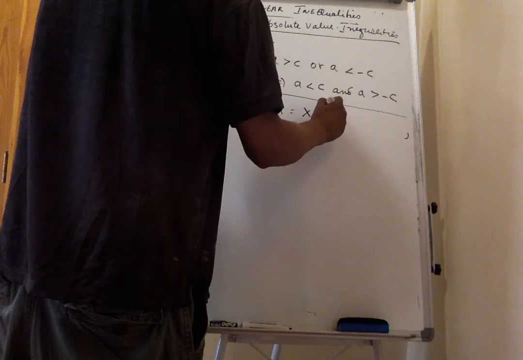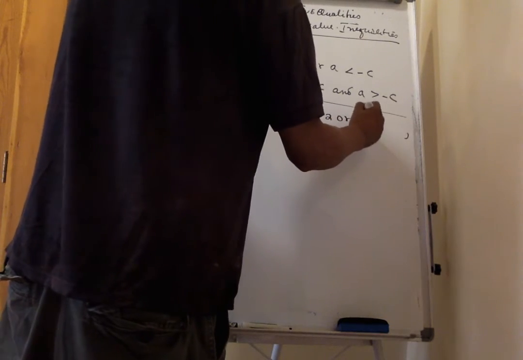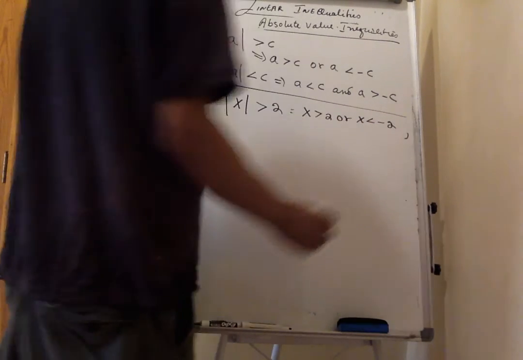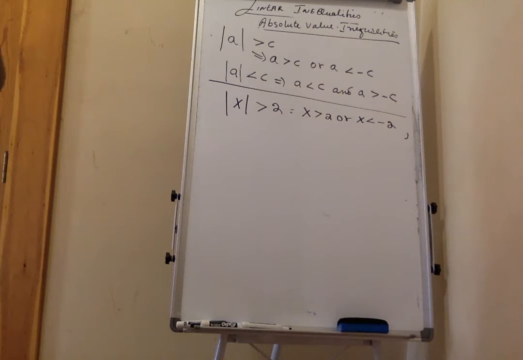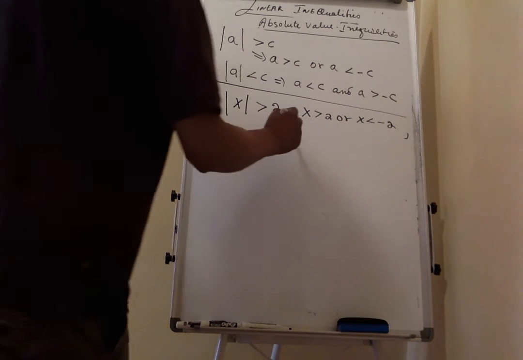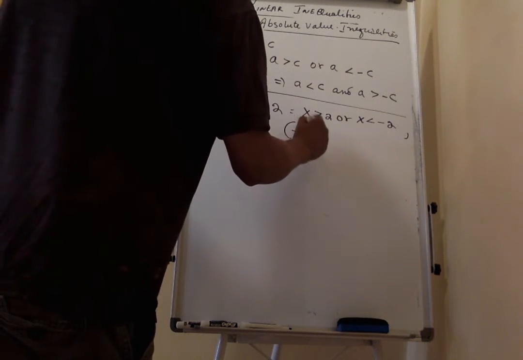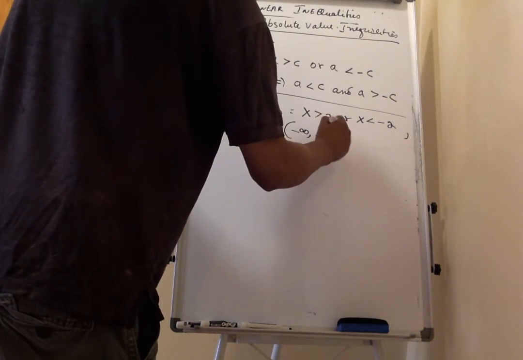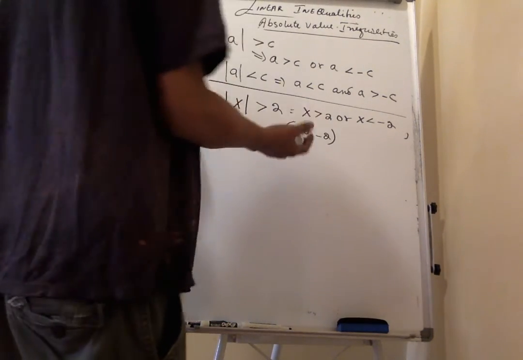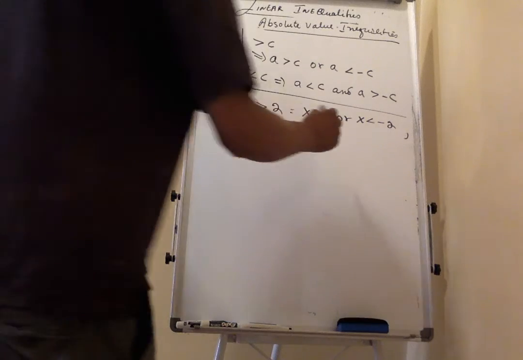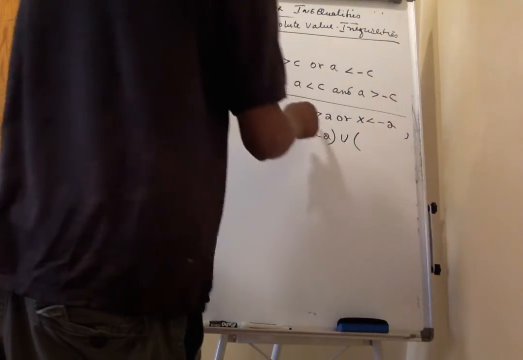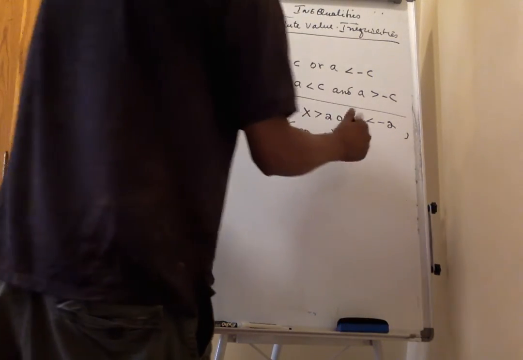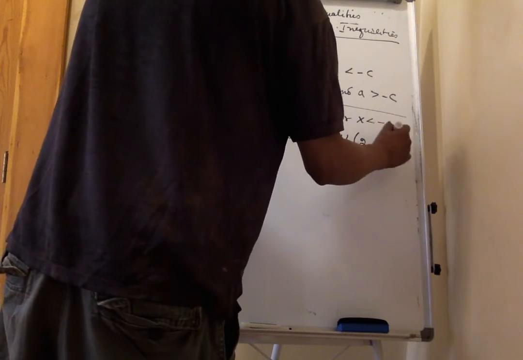X is greater than 2 or x is less than negative 2. If you want to write this in interval notation, it becomes a union. So this is negative infinity to negative 2. And then there is a gap between negative 2 and 2. So it is a union. And then the next inequality starts at what? At 2 and goes up to infinity.